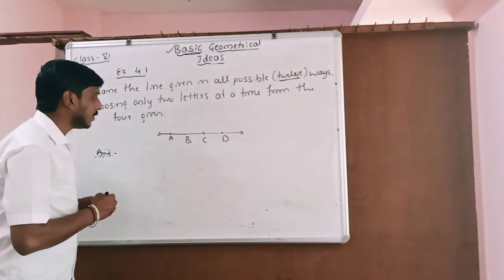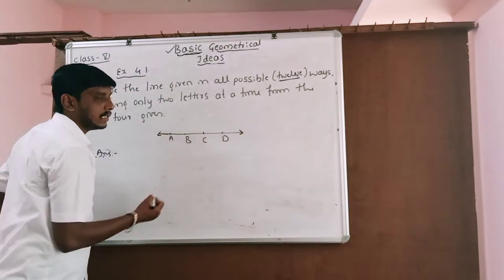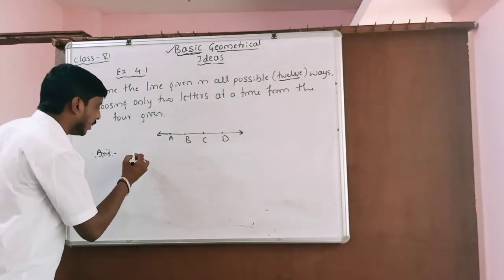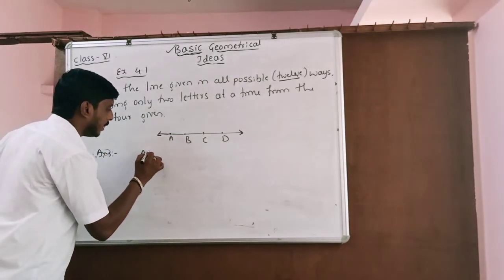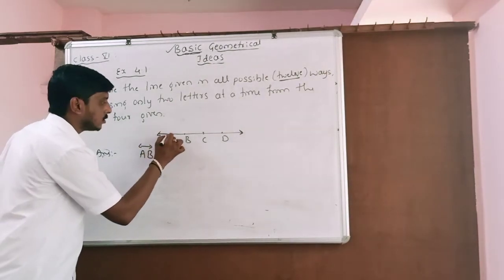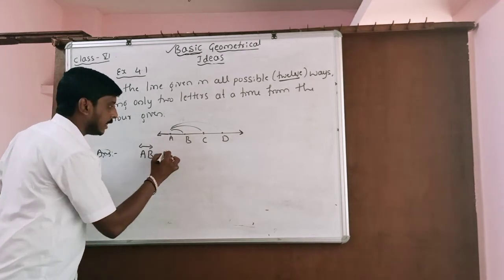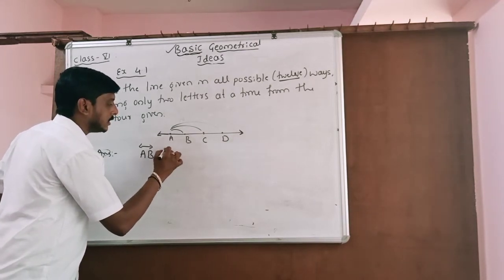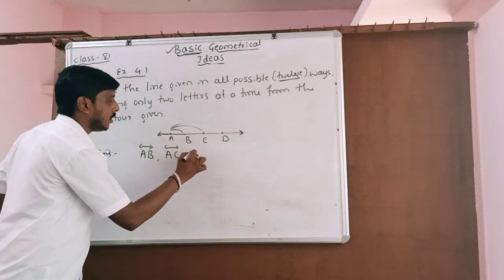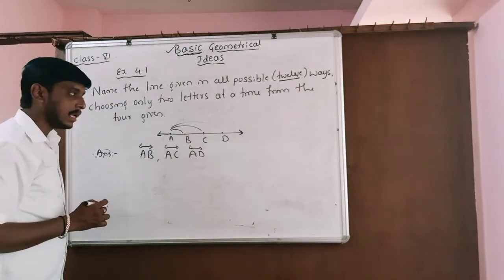Okay. So first I will write this is endless, and here also endless, meaning both sides can be extended. So I will write first one AB. It is a line. Next, A to B, A to C, A to D, like that. AB, AC, and AD. So how many lines formed? 3 lines.